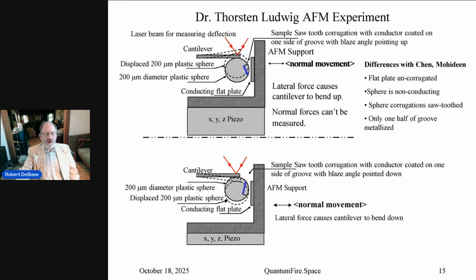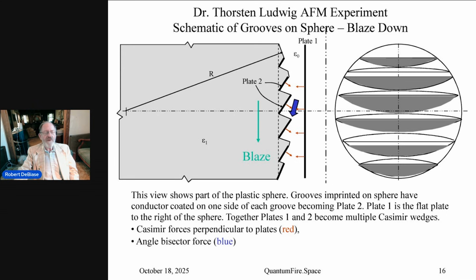And in the bottom one, it's the opposite. The cantilever is forced to bend down. And so if this works, then you've shown that there are external lateral forces here that are at the microscopic level.